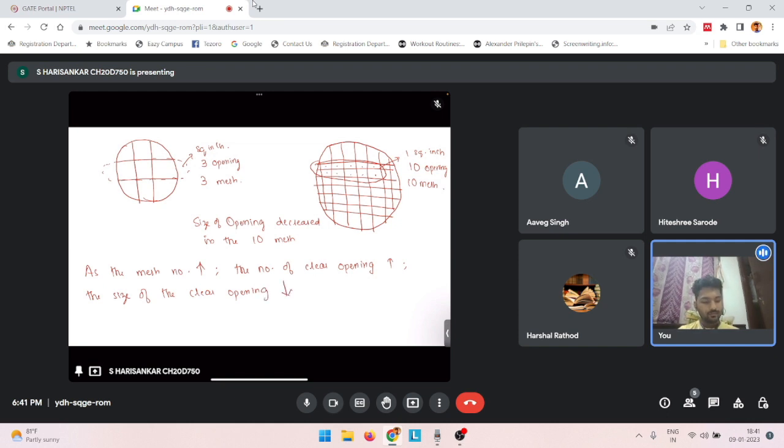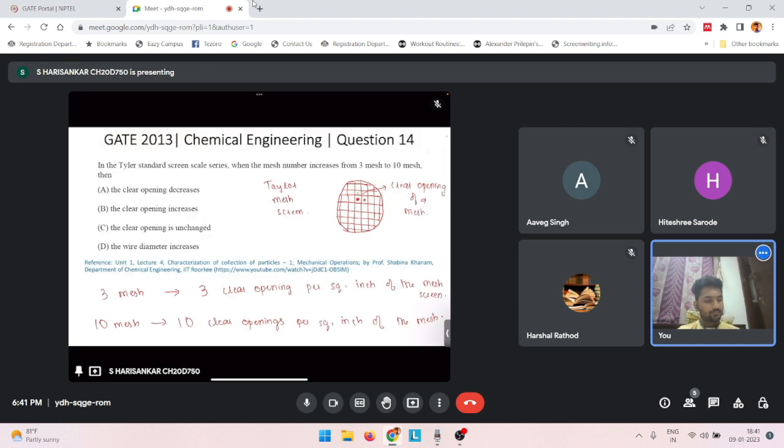Looking at the options given in this question, option A is the only option that mentions that the clear opening decreases, or the area of the clear opening decreases. So here the right option is option A, the clear opening decreases. When the mesh number is increased from 3 to 10, the clear opening decreases.